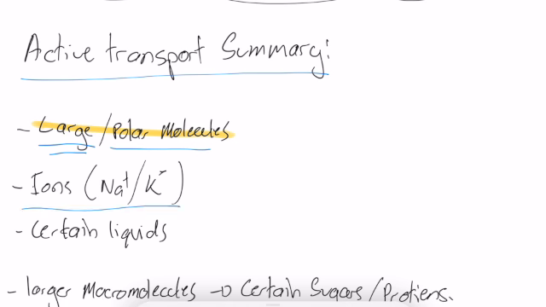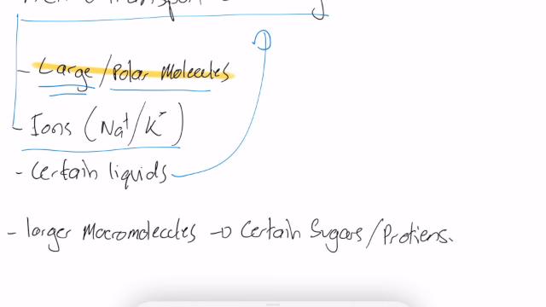We know that active transport can be used there. Certain liquids as well. So things like cellular drinking with your endocytosis, that requires your active transport. And finally, of course, the larger macromolecules, which can't really be facilitated with your passive transport.